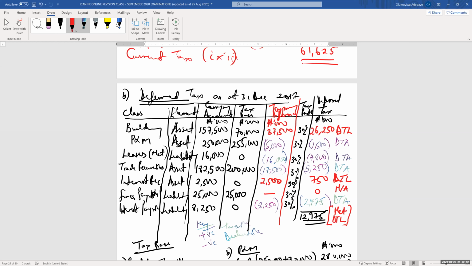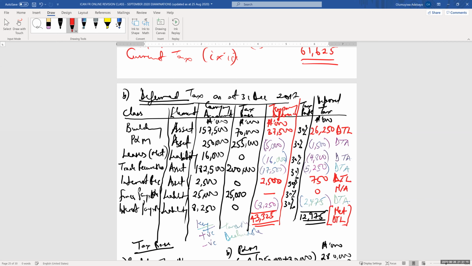Deferred tax liability. Now, this 12 is the same thing as the sum of this. Can we sum up this? Since the tax rate remains the same, 87,500 minus 5,000 minus 16,000 minus 17,500 plus 25 and minus 8,250 gives me 43,325, which means the net is net taxable.